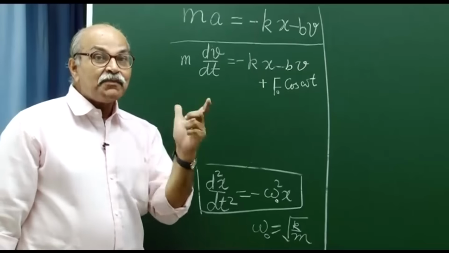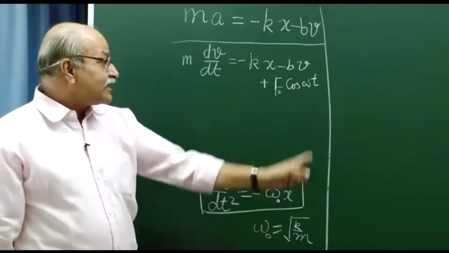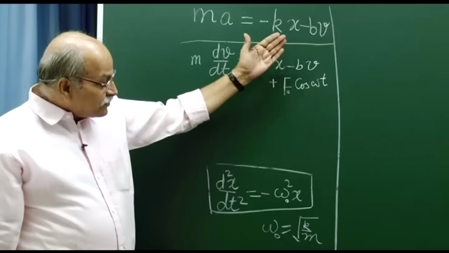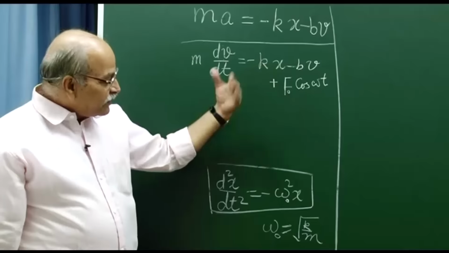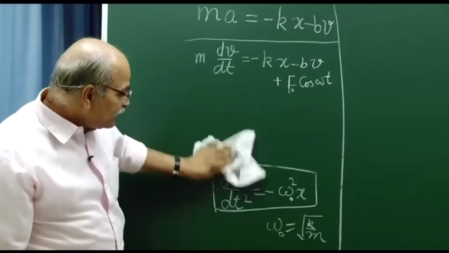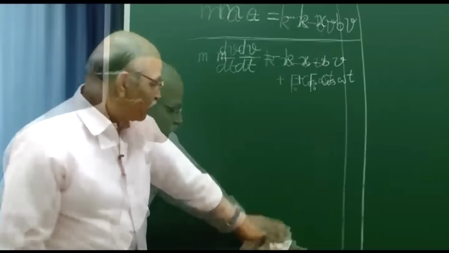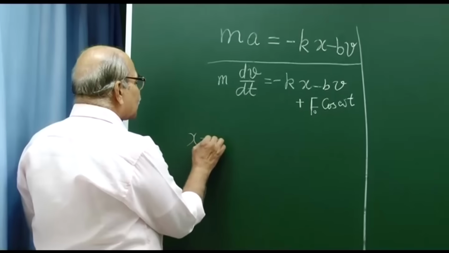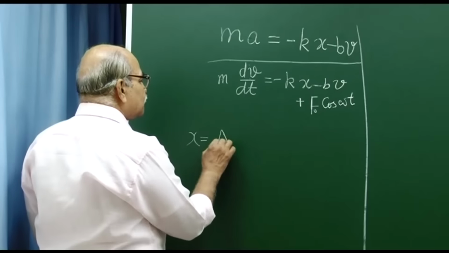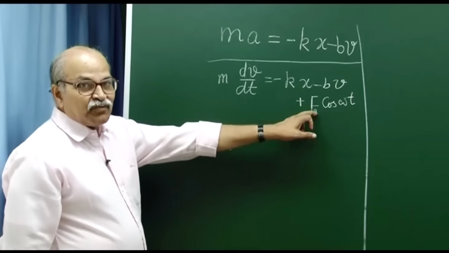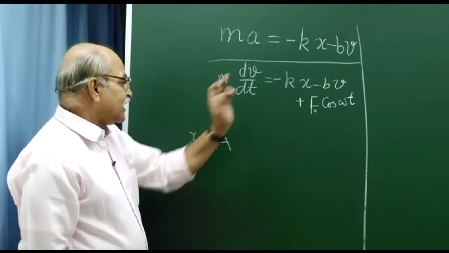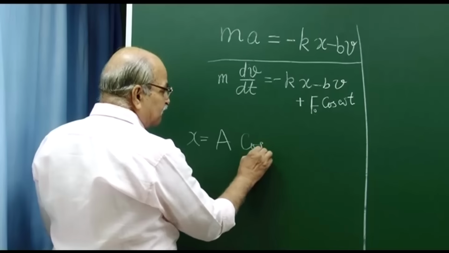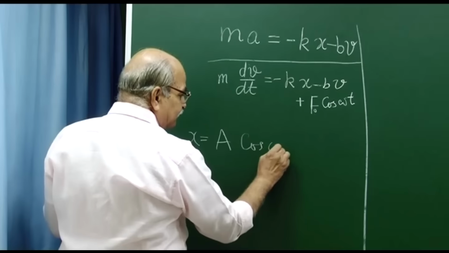If I am applying that periodic force, I can decide what this omega should be. Then your equations are modified, but finally your x turns out to be some constant, which will depend on how much is f naught, m and b, times cos of this omega t.